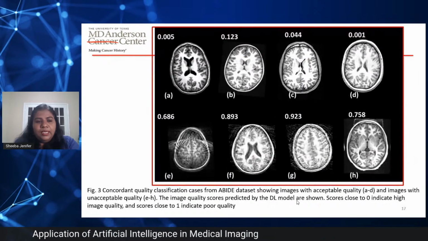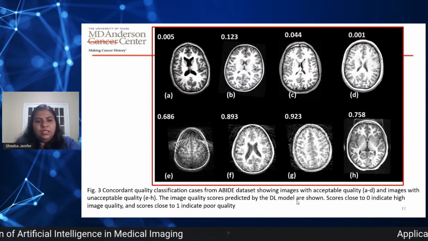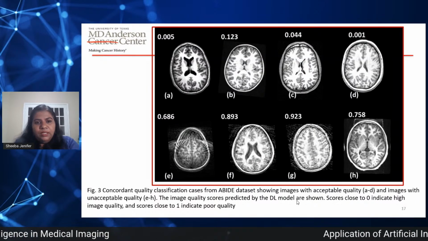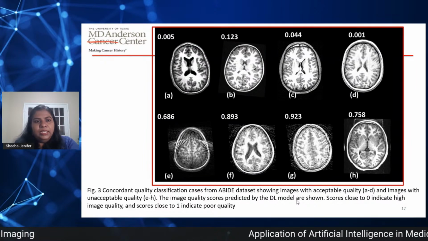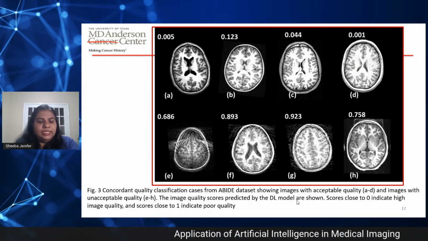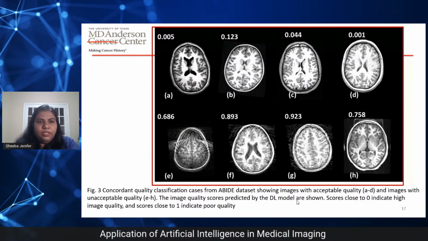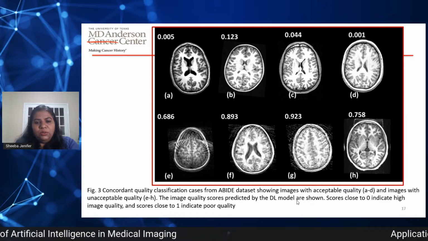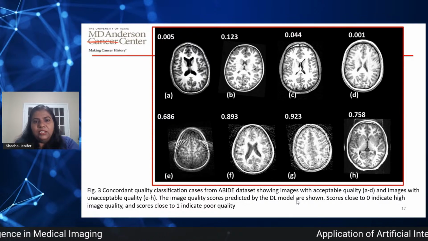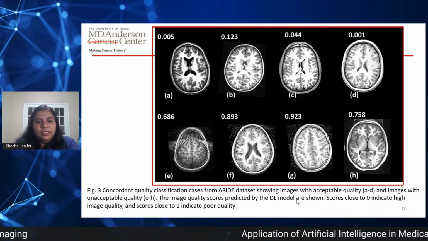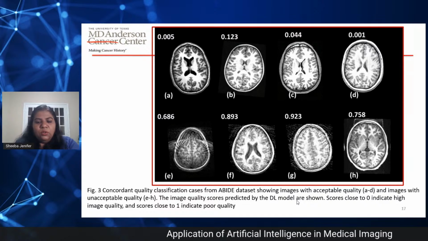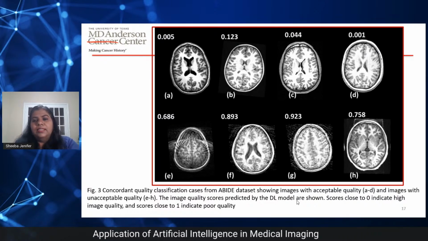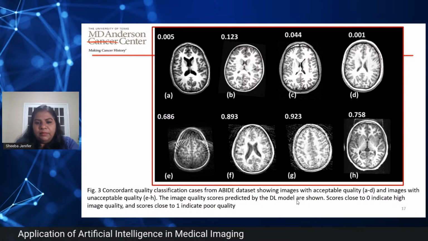This is some of the output. In the first row, you can see my values are much less than 0.5, such as 0.005. Anything very close to 0 is classified as a good image, and a quality score above 0.5 is classified as a bad image.